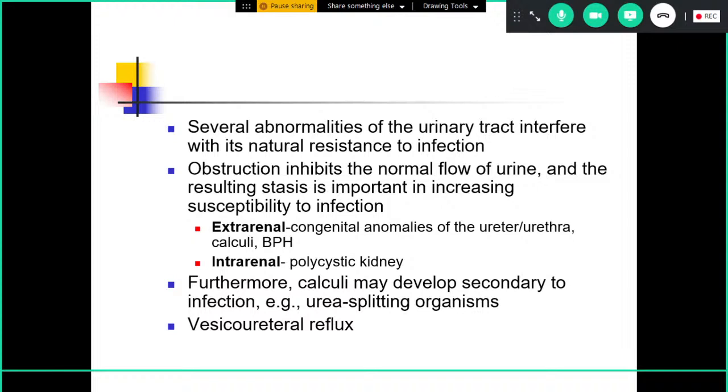I already told you that it is the urea splitting organisms which can lead to the production of stones, the calculi. And there is vesicoureteral reflux. All these abnormalities of the urinary tract interfere with its natural resistance to infection, particularly abnormalities which lead to stasis, which inhibits the normal flow, will automatically lead to infection.